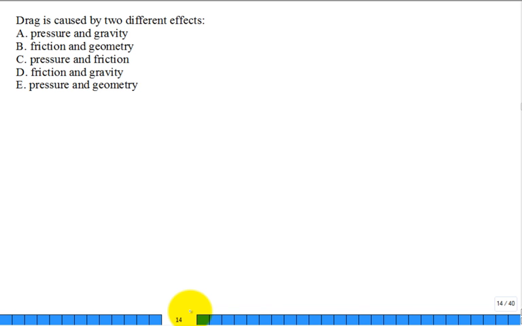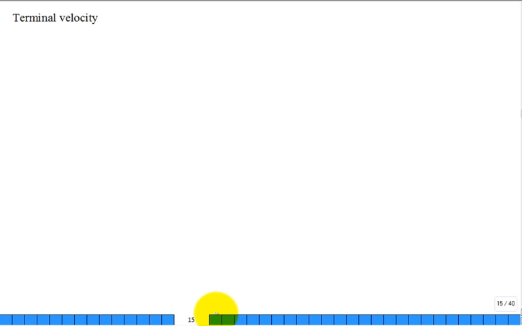Which are the two effects for the drag? Pressure and friction. What about the lift? Is there a viscous component to the lift? Nope. It's just going to be the pressure.